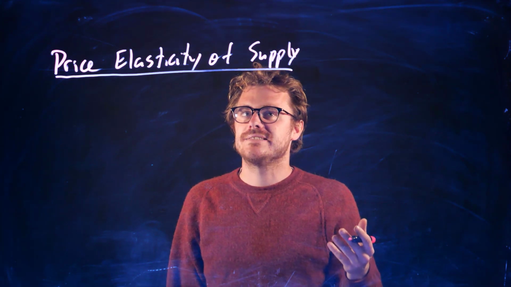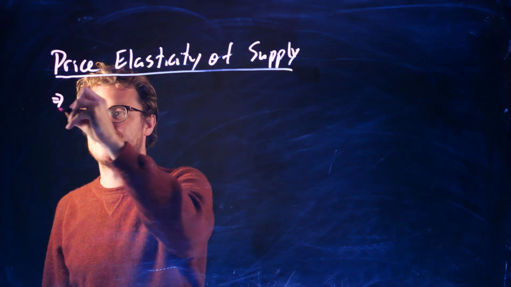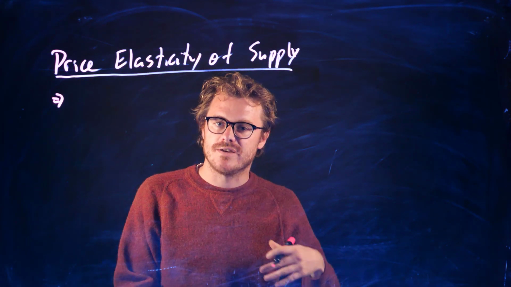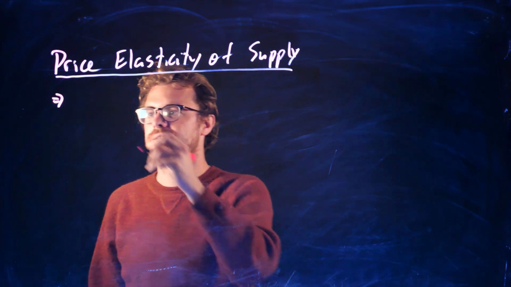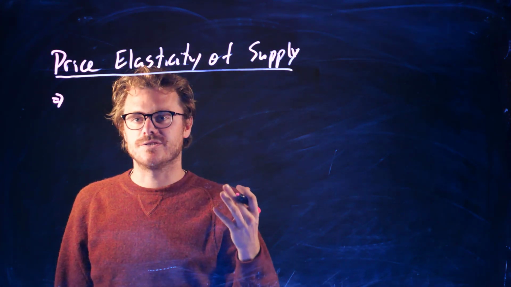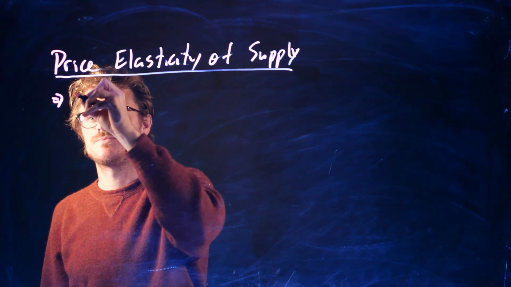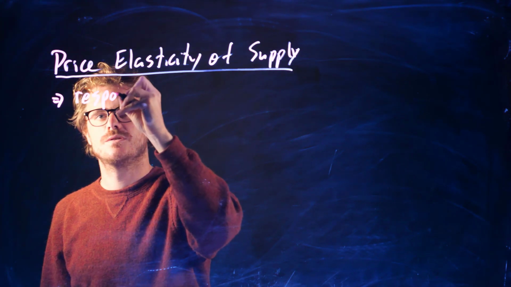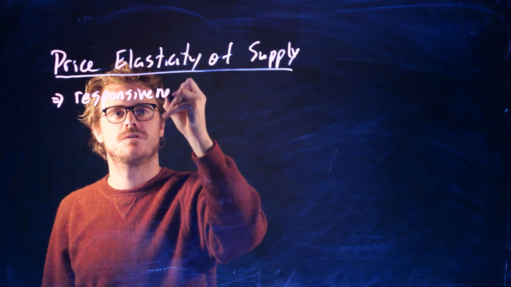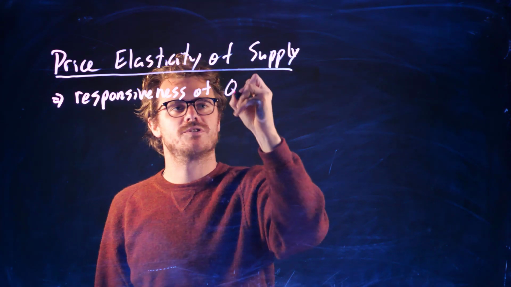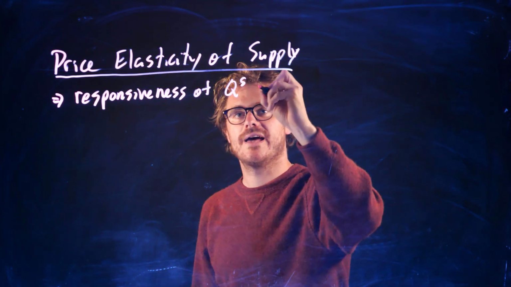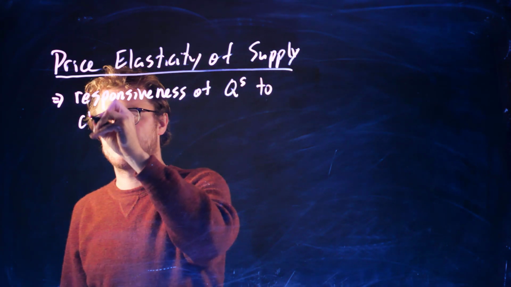So what the price elasticity of supply is going to be measuring is, instead of the responsiveness of buyers to changes in price, the responsiveness of sellers to changes in price. So the responsiveness of quantity supplied to changes in price.